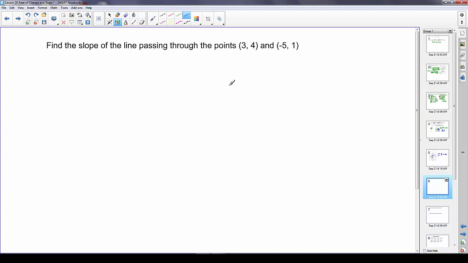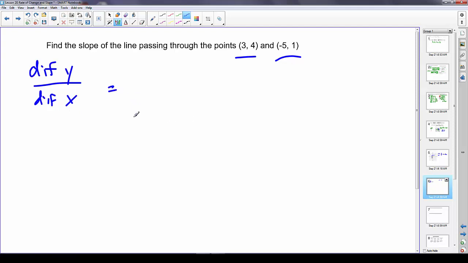So now we're not going to have a line to count up and over, but we know that this is just the difference in y's over the difference in x's.